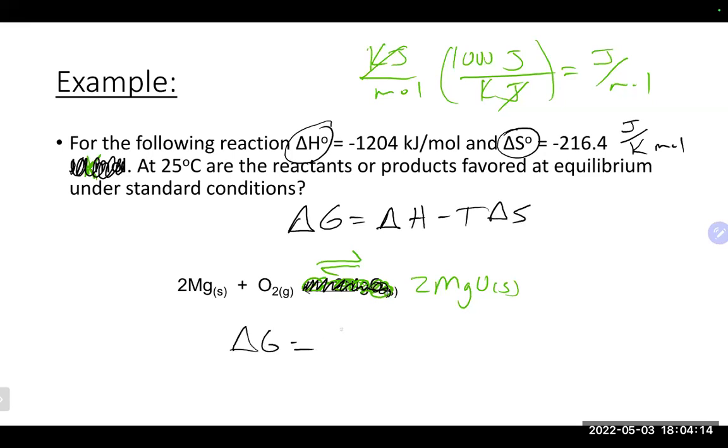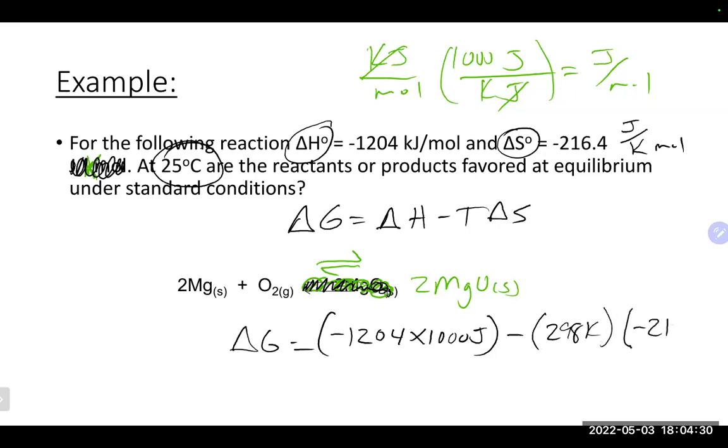And again, I am going to convert my delta H into joules by multiplying by 1,000. And we also need to convert our temperature by adding 273, which gives us Kelvin, and our minus 216.4 joules per Kelvin per mole.